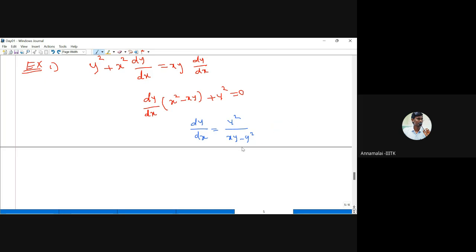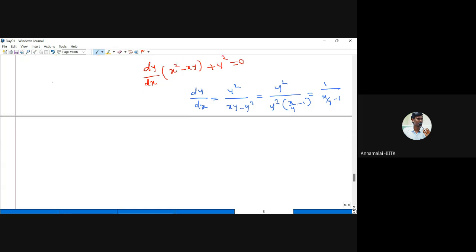Now we can rewrite this side. We can take y square outside. The first term contains xy, y square is not there, therefore x by y, minus 1. We can cancel y square. We get 1 by xy minus 1. So anyway, it's a function of x by y or y by x.